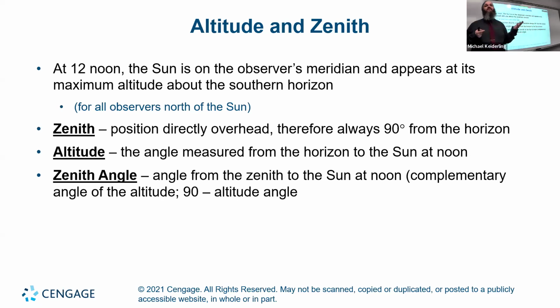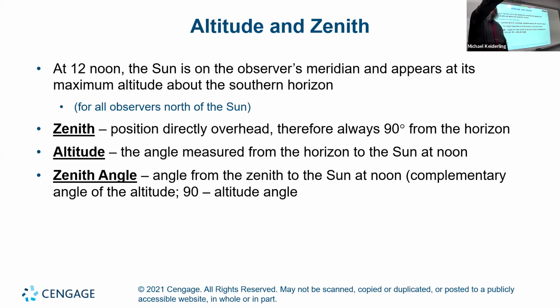So when we talk about locations of things in the sky, the zenith is the point directly above your head. So it's always 90 degrees from the horizon. And the altitude is the height of an object measured up from the horizon. So when we talk about the altitude of the noon sun, that's the highest angle it gets to above the horizon.